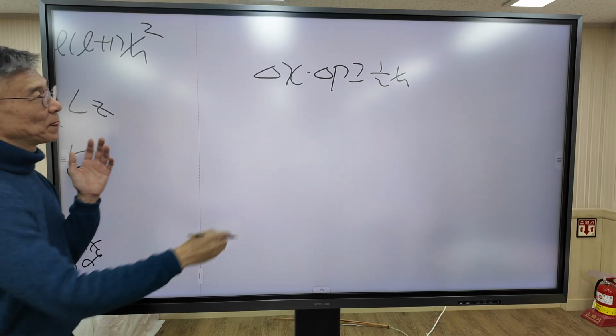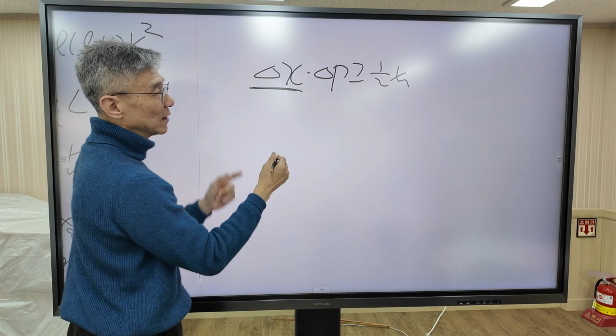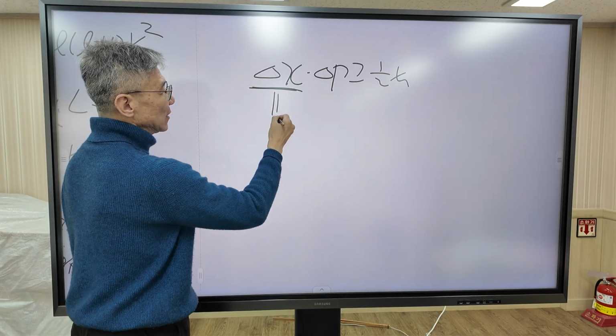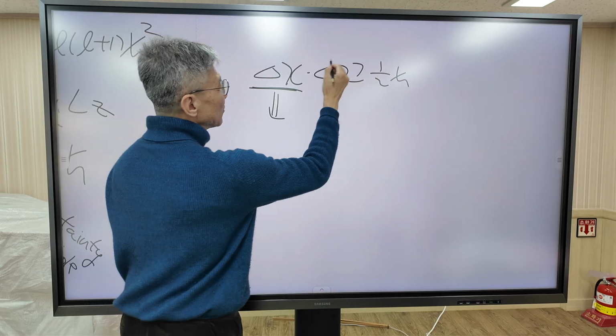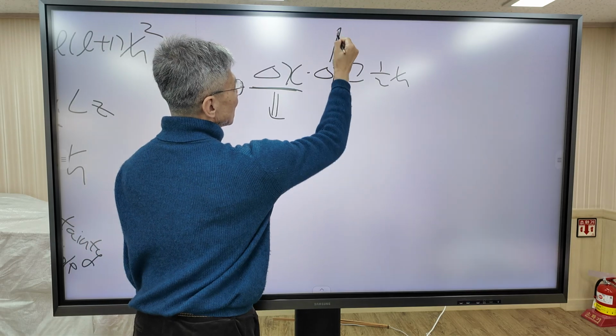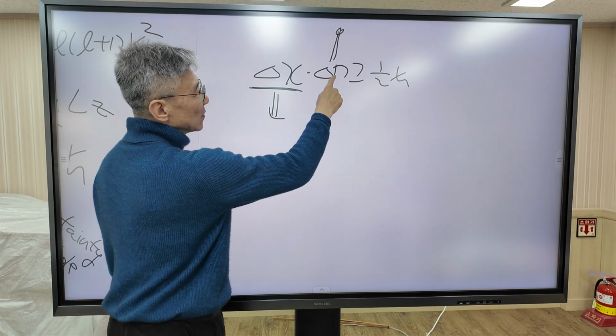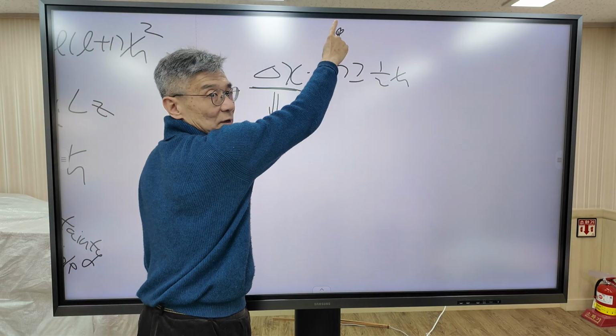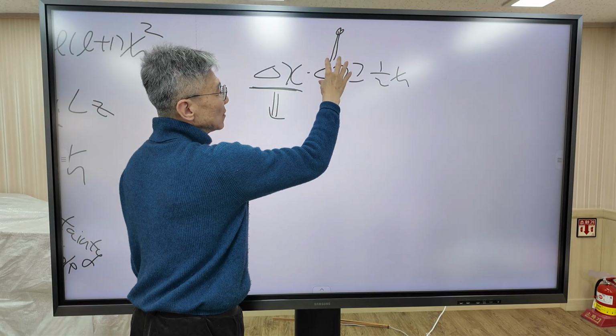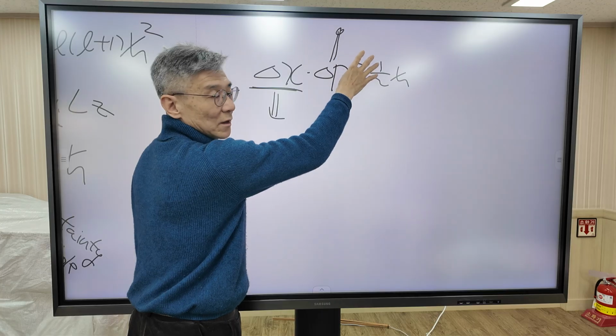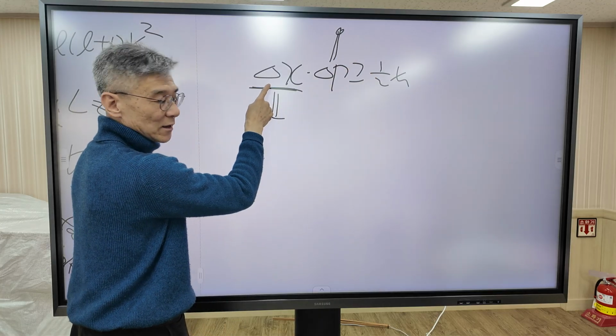So if we know x precisely, then the uncertainty of x decreases. Then what happens to delta p? It goes to infinity. All the information about p disappears when you precisely know x.